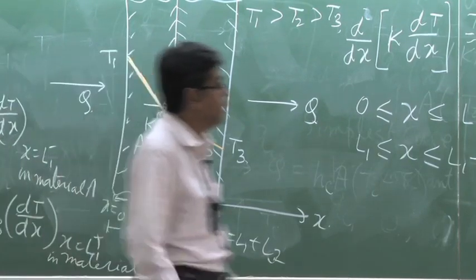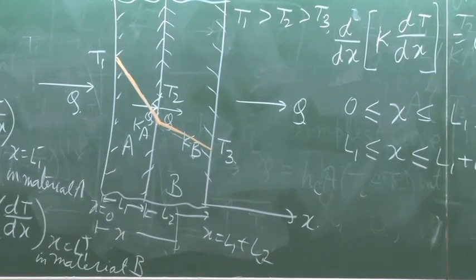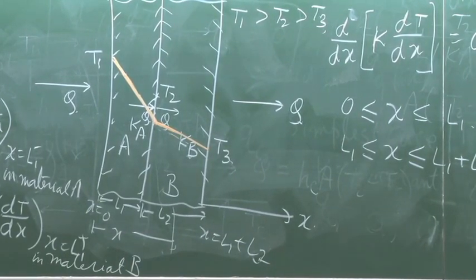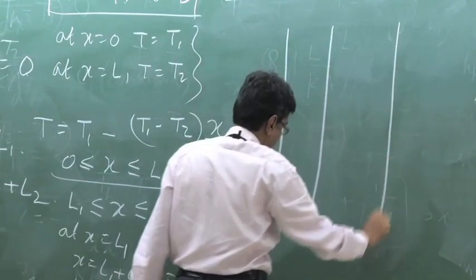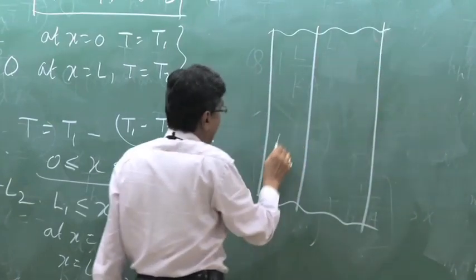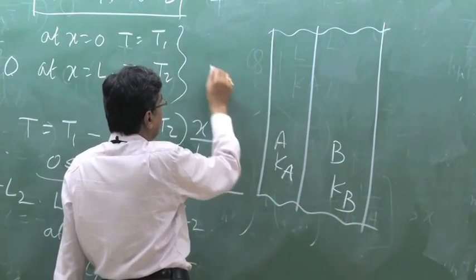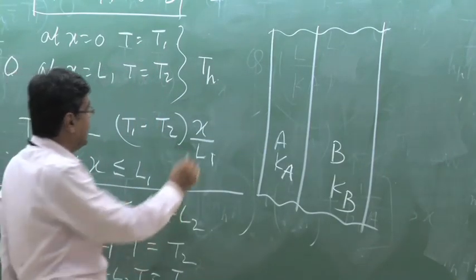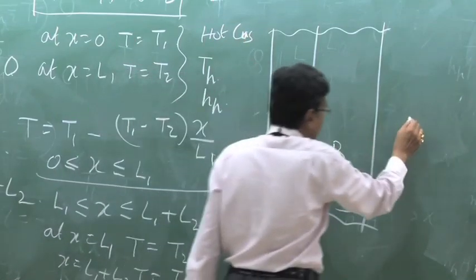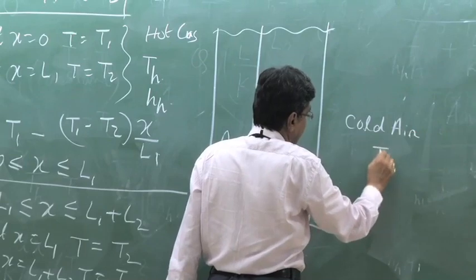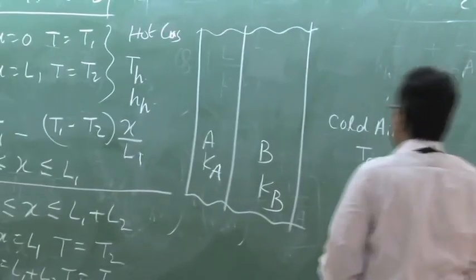If this composite wall, the same wall, is now proposed with wall A with Ka, wall B with Kb, and if the problem is proposed with hot gas temperature Th and the heat transfer coefficient in the hot gas Hh, and here also cold air with Tc and with the heat transfer coefficient Hc, then our temperature profile can be shown like this.